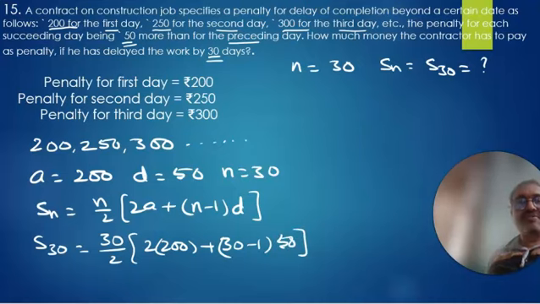So you can simplify it. 2 ones are 2, 15. So 15 into 2 200s 400 plus 30 minus 1, 29 into 50.